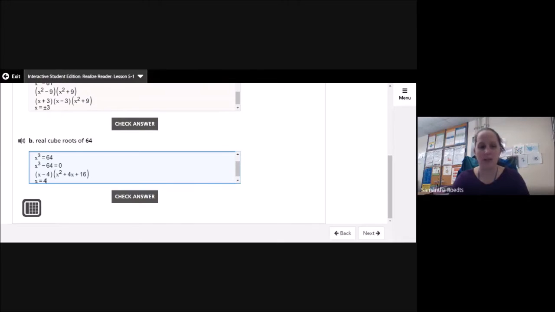So x equals 4 is a root. And since I wanted real roots, when I solve x squared plus 4x plus 16, they're not real. When I use the discriminant, 4 squared is 16 minus 4 times 1 times 16, that's negative, so no real roots.